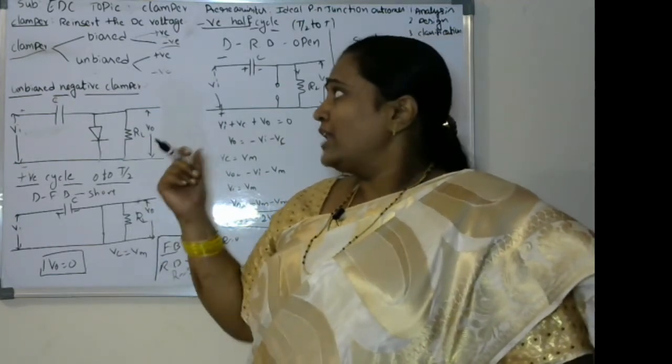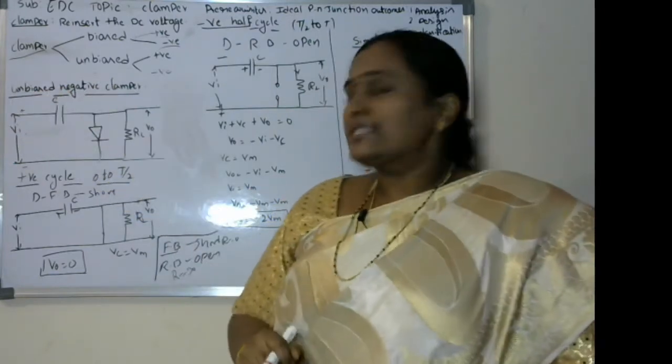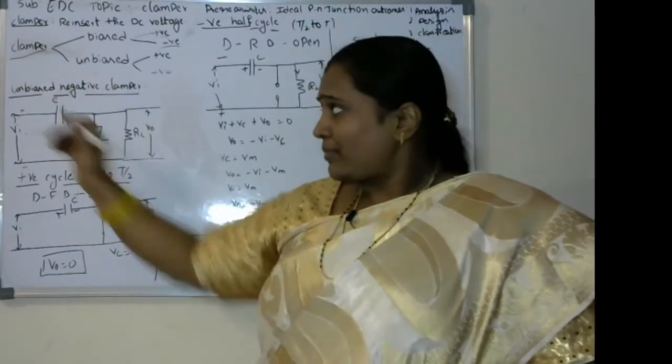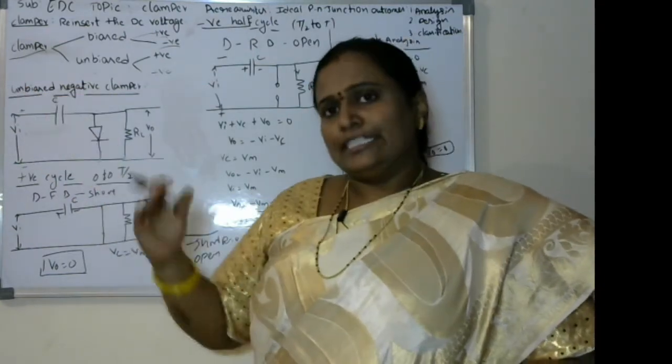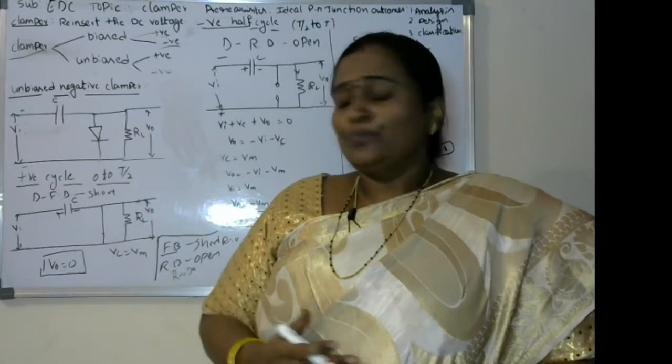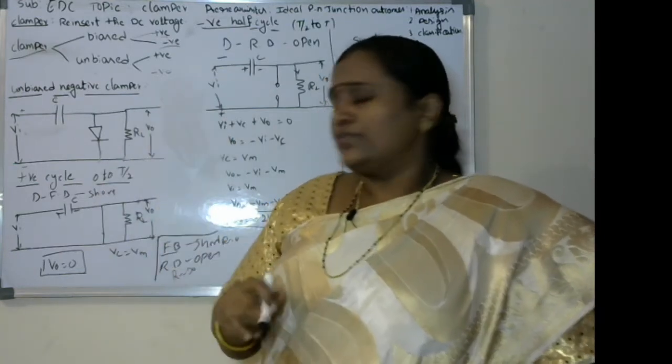First, we will discuss the unbiased negative clamper. Unbiased means no reference voltage, and negative means it is going to shift to the negative side.